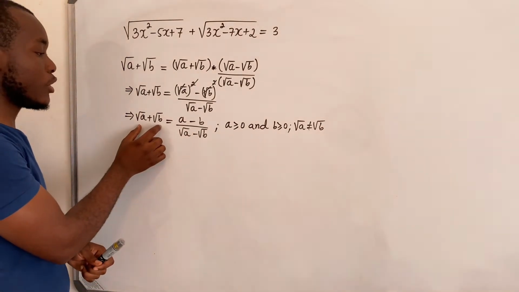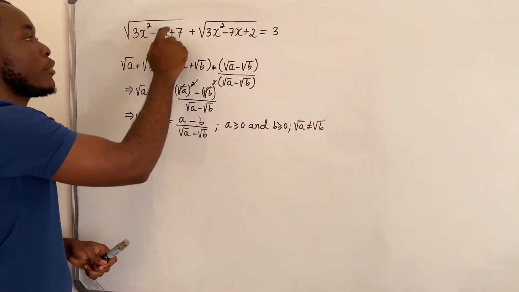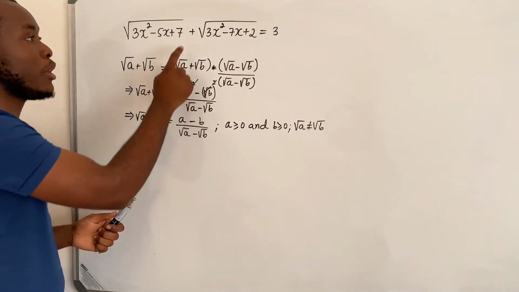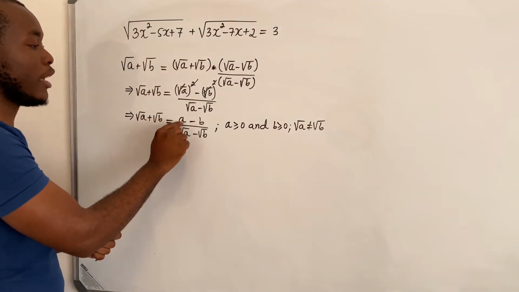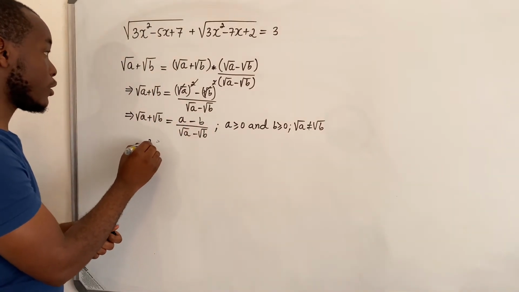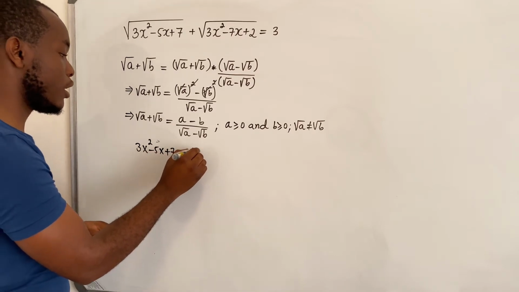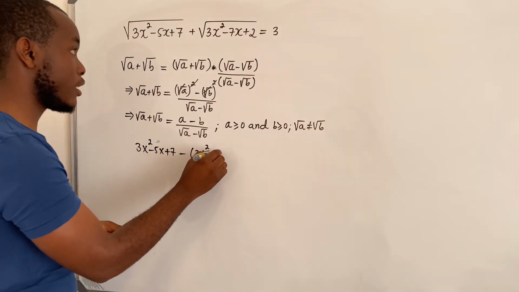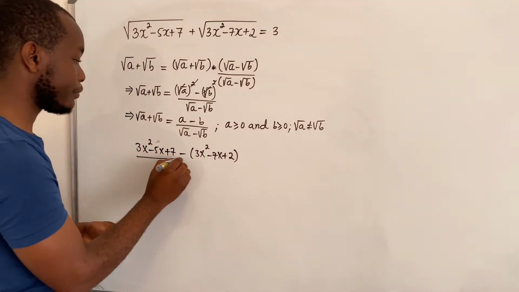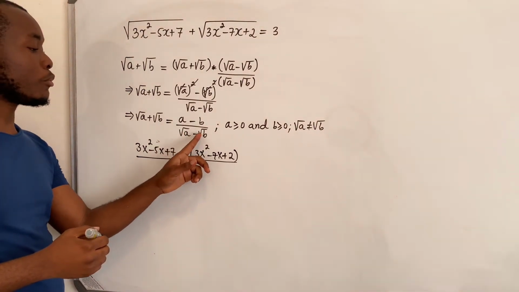So this expression here is the same that we have here. We have a and we have b, square root of a plus square root of b, so we can apply this identity. If we apply this identity, we will have a minus b. So the inner expression, which is 3x squared minus 5x plus 7, minus b, which is 3x squared minus 7x plus 2, over square root of a minus square root of b.